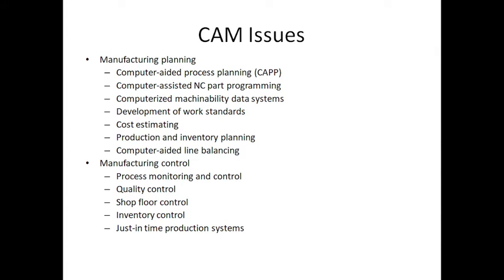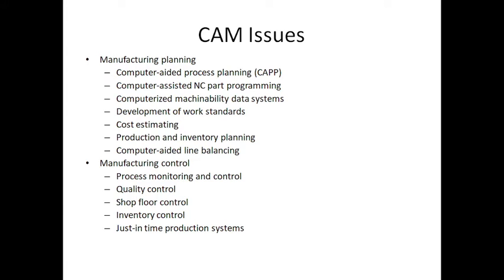Then development of work standards. For example, you want to do time study and motion analysis in time and motion studies. For example, you are assembling one engine. You want to know how much time it is going to take to assemble that kind of engine. All these things can be done with the help of work standards.